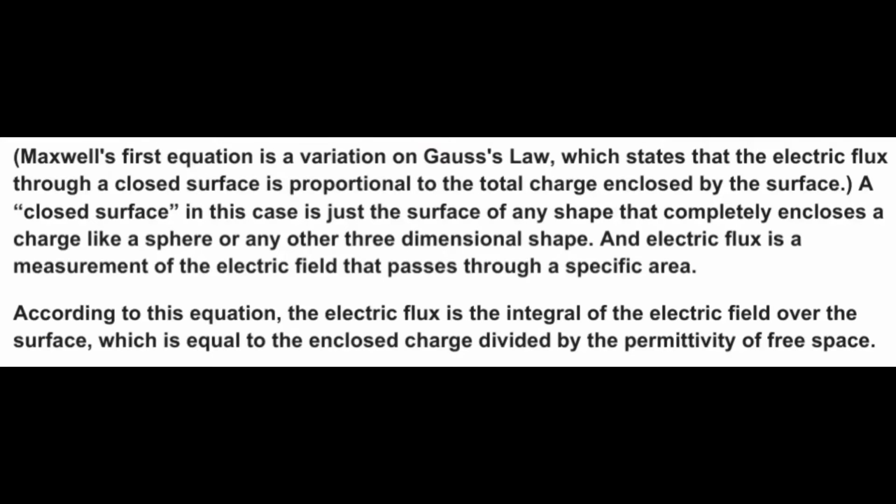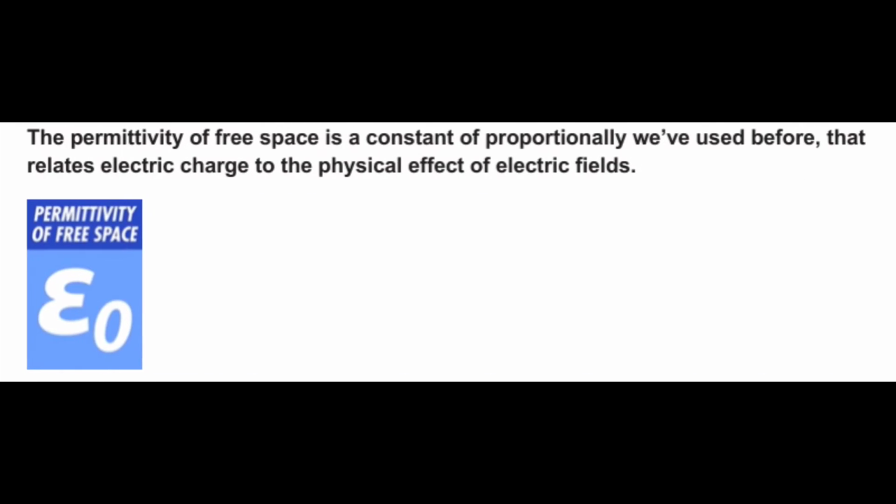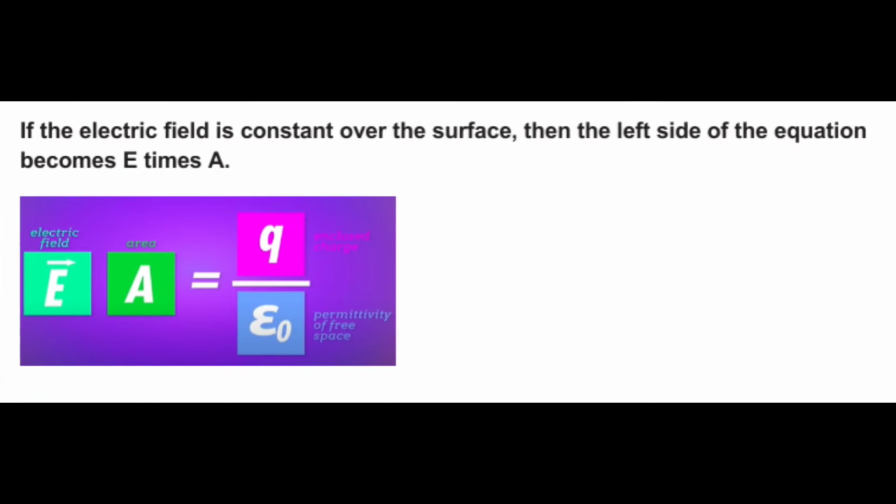According to this equation, the electric flux is the integral of the electric field over the surface, which is equal to the enclosed charge divided by the permittivity of free space. The permittivity of free space is a constant of proportionality we've used before that relates electric charge to the physical effect of electric fields. If the electric field is constant over the surface, then the left side of the equation becomes E times A.